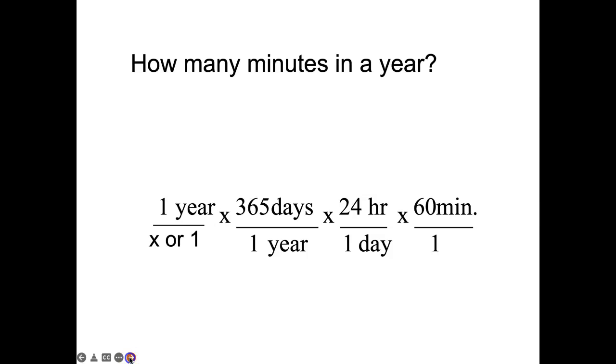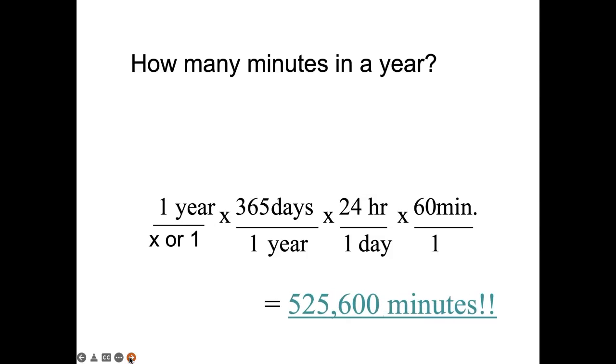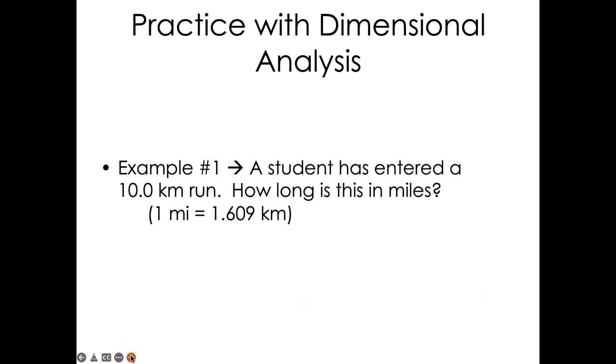And so my hours are going to cancel out, and I would be left with 525,600 minutes. Now, of course, I would have to round this to 500,000 minutes because I only started with one significant figure.